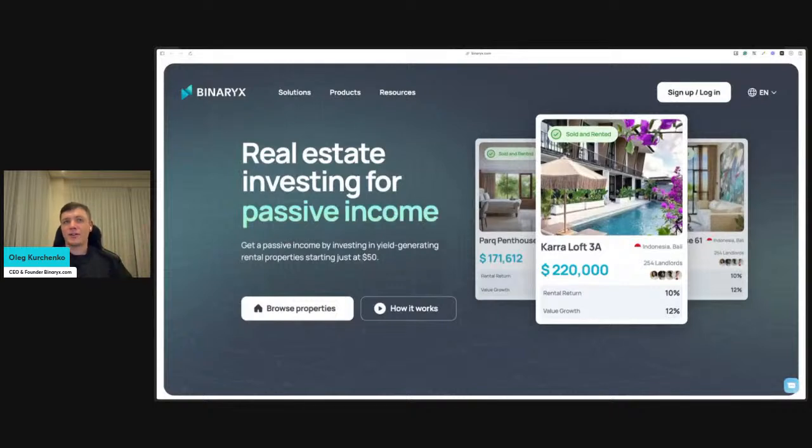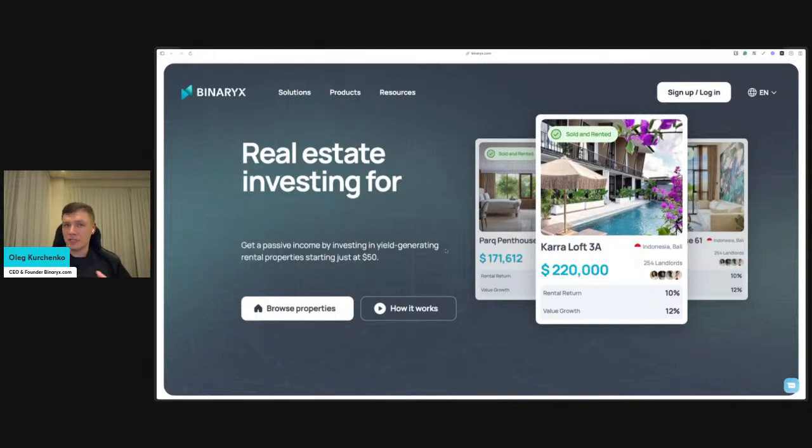So, guys, let's go on the platform binaries.com. So, first of all, we are using blockchain technology, and that technology creates many possibilities for us as a platform because that brings the investors really good transparency. The investors can see the whole history of the property, how much rent the property generates, how many tokens were sold or transferred on the secondary market, and all transactions are stored on the blockchain.